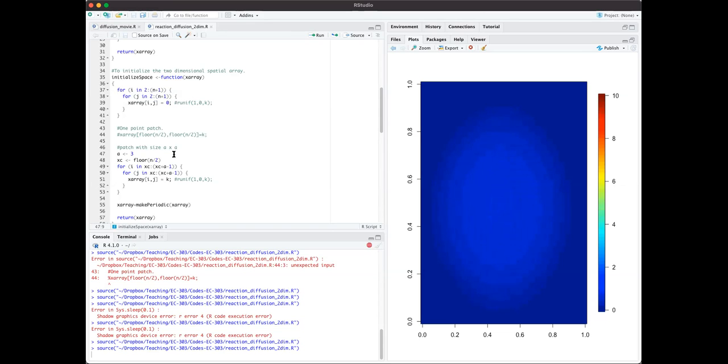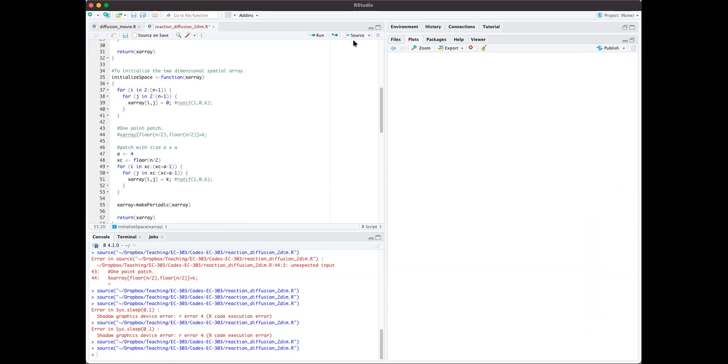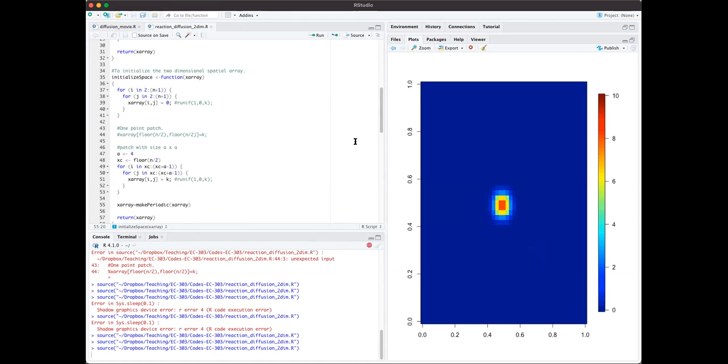Okay. Let us see what happens with 4 by 4. I'm going to stop the simulation now. Now this is 4 by 4. It looks like even this dissipated, right?